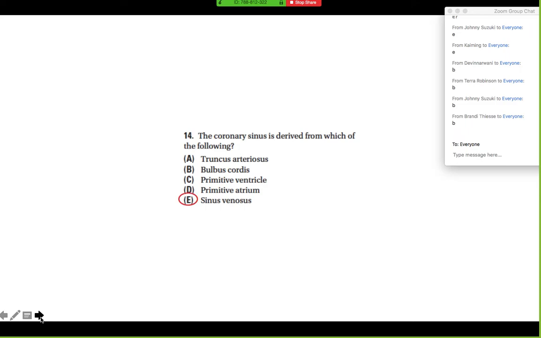So the correct answer on this one is actually E. And remember, the sinus venosus is that primitive right atrium, so that's going to be associated with the coronary sinus. Does that make sense? Let me know if not.